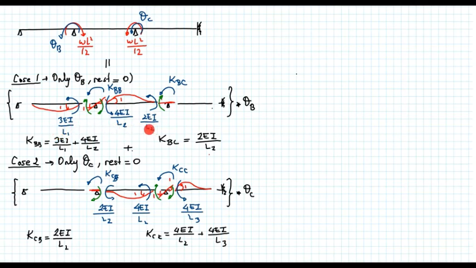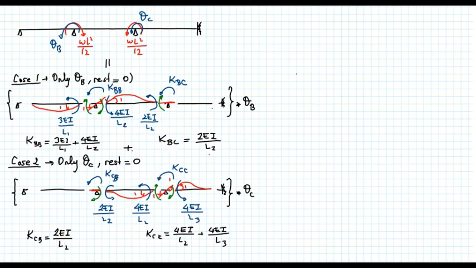We can do it simply by using the slope deflection equations. And then we transfer the member end moments to the nodes, write down the nodal equilibrium equation, and this will give me the values of KBB, KBC, KCB, and KCC.